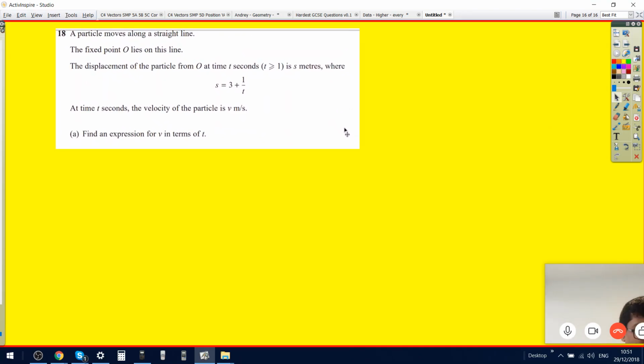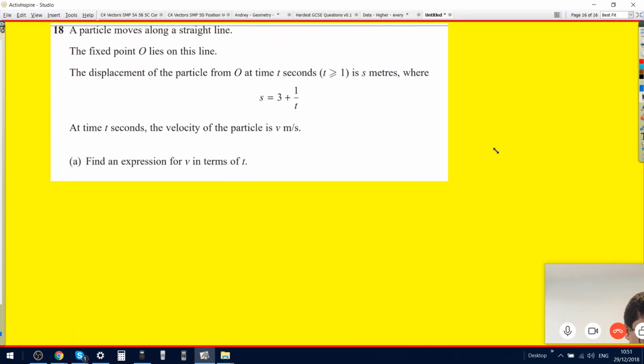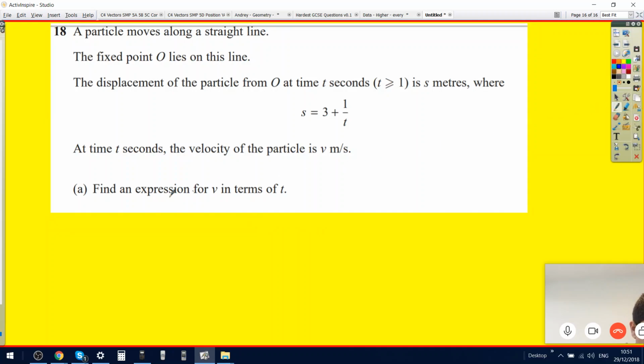I'll draw the straight line. The particle moves along this line.